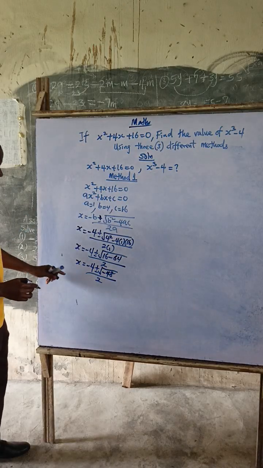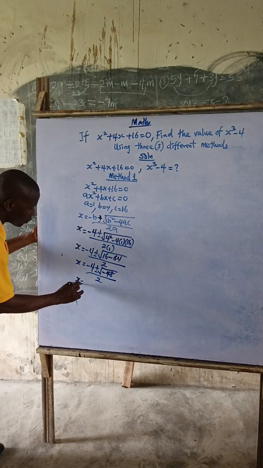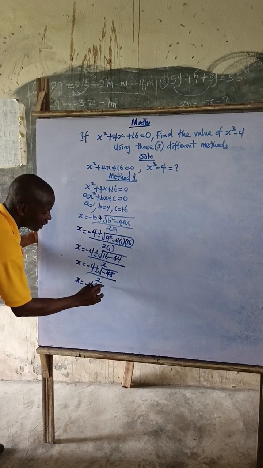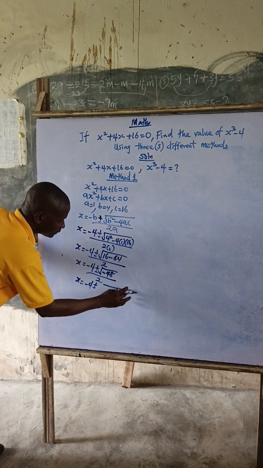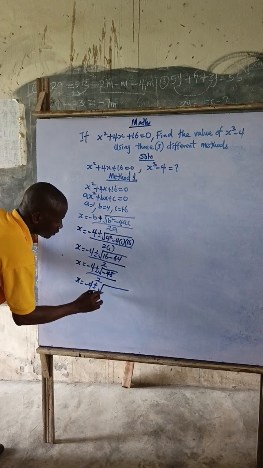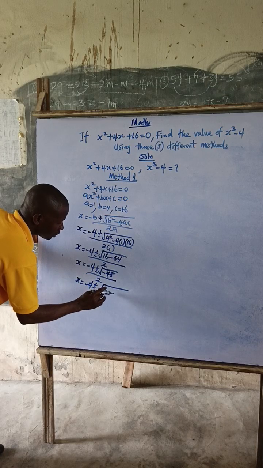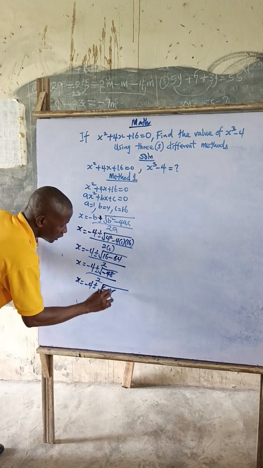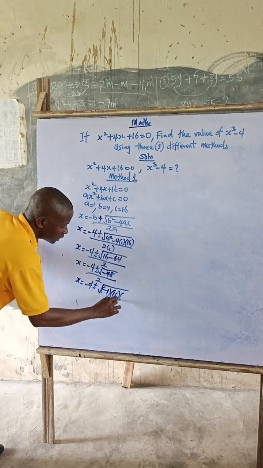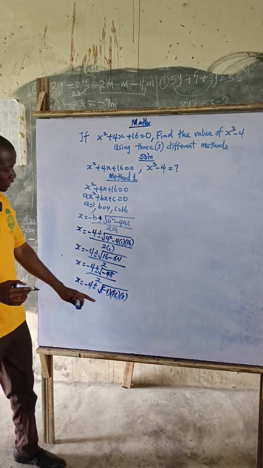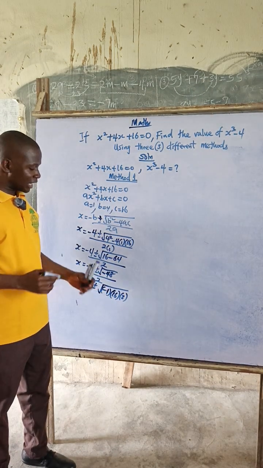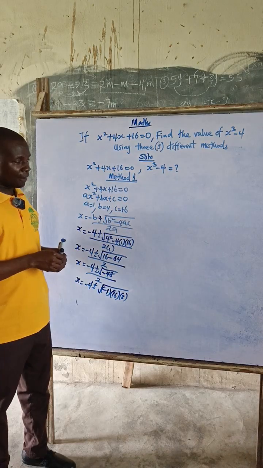Now the next thing is to simplify. We have x equals minus 4 plus or minus the square root of minus 48, which can be written as minus 1 times 16 times 3. 16 is a perfect square, and because we're having minus 1 here, the square root of any negative number will lead to a complex number.